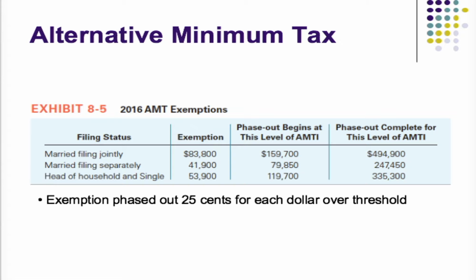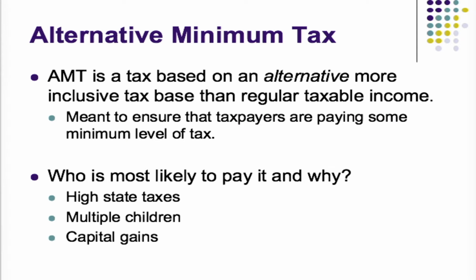So based on that, there is a phase out to certain portions of the alternative minimum tax, and depending on your status, you have a certain amount of income that is automatically exempt from that. We already talked about that a little bit.